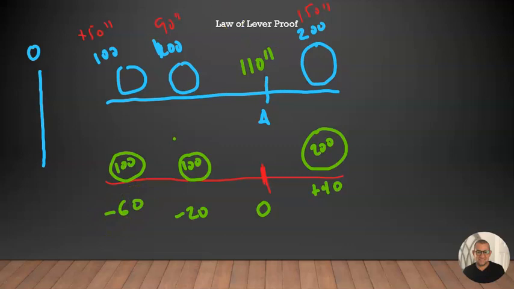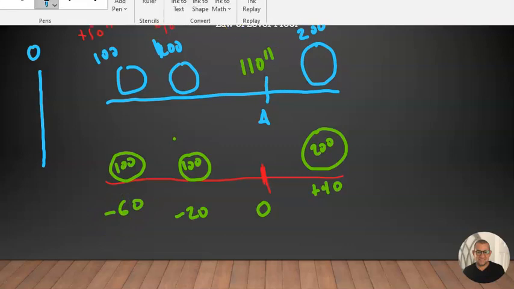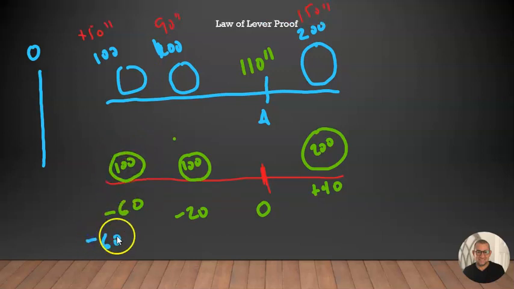If I do the math really quick, I get 100 times negative 60, which is negative 6,000. That's my moment. I'm going to add 100 times negative 20, which is negative 2,000. There's the negative side of the moments.